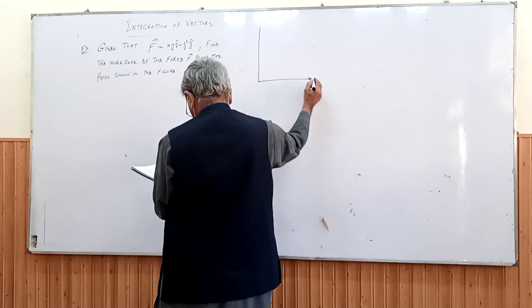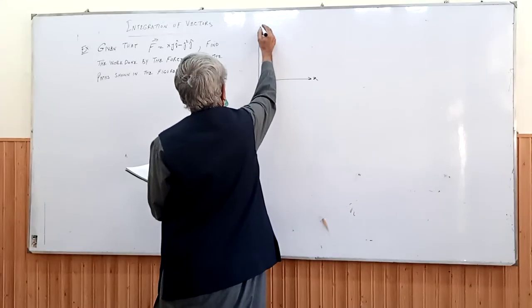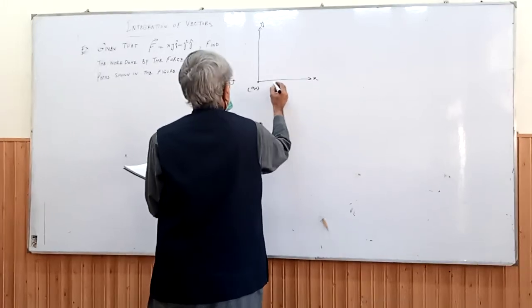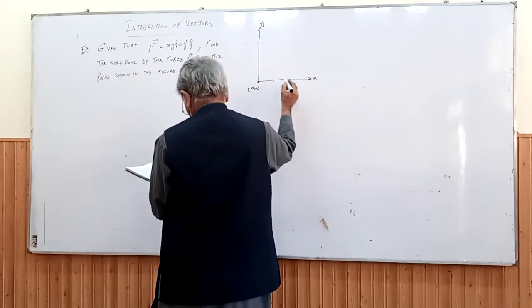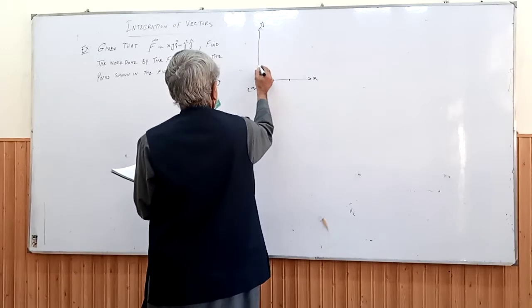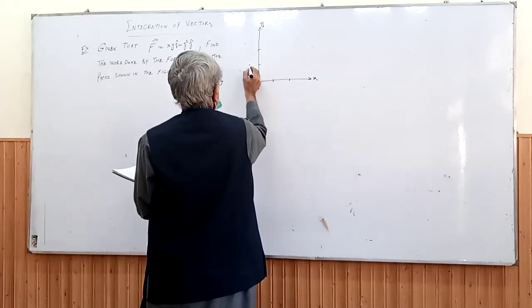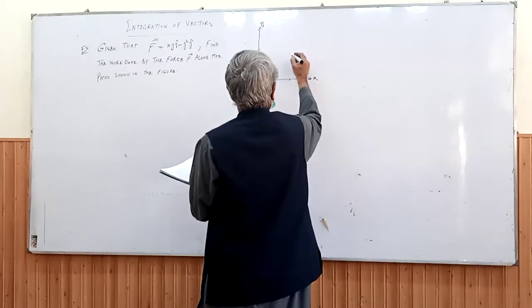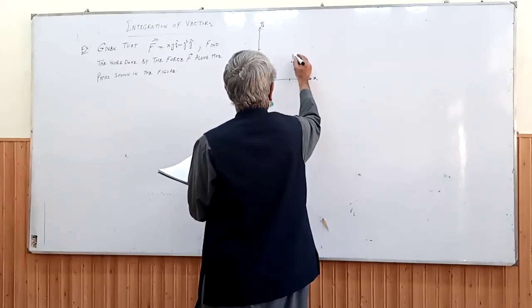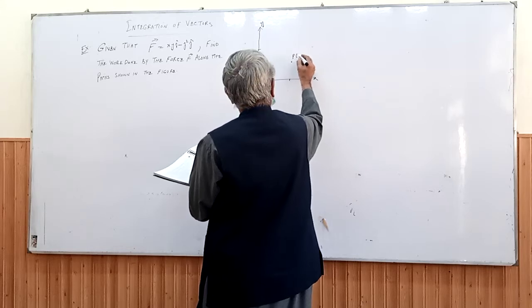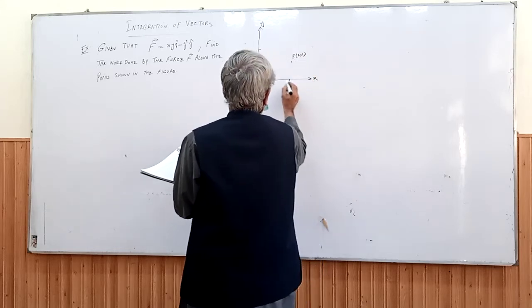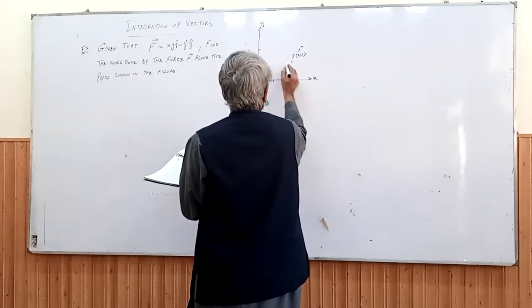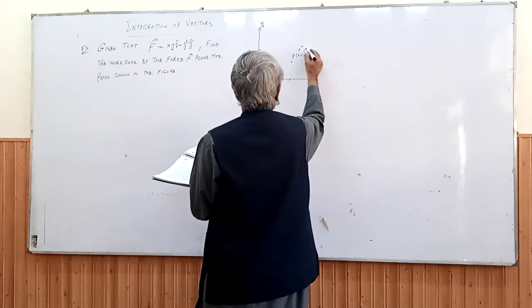This is your x, this is your y, this is your 0, 0 point, and this is 1, and this is 2, this is 1, and this is 2. Now there is a point P, the point (2, 1), because x is 2 and y is 1.